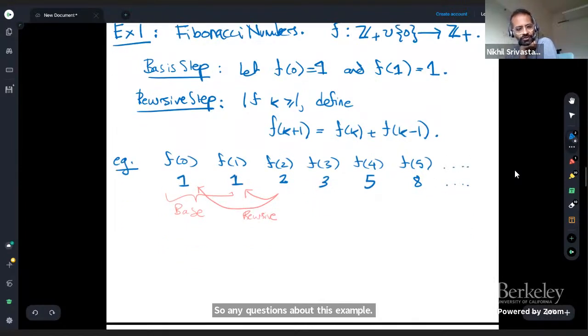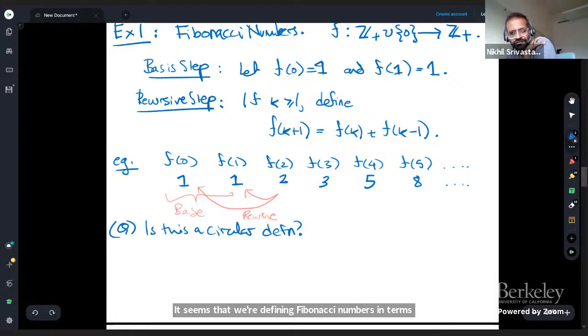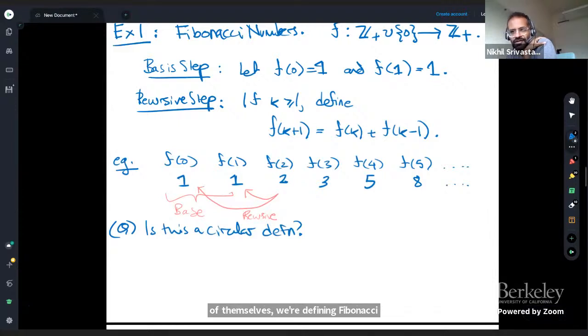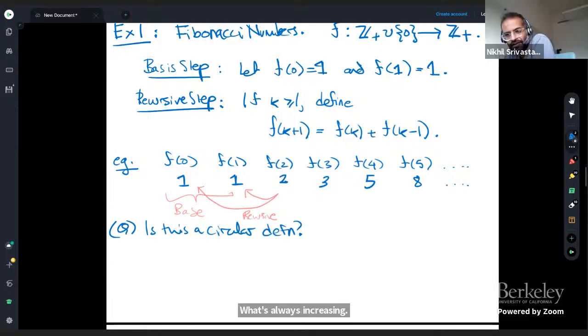I want you to ask yourselves this question: why is this not a circular definition? It seems that we're defining Fibonacci numbers in terms of themselves. We're defining Fibonacci numbers in terms of other Fibonacci numbers. Why is this not circular? Well, it's always increasing. Okay.